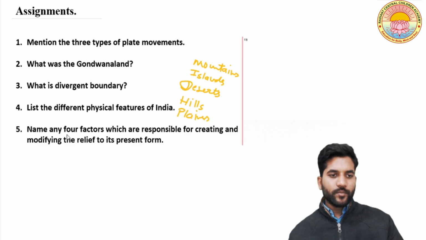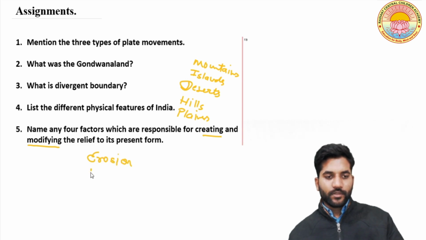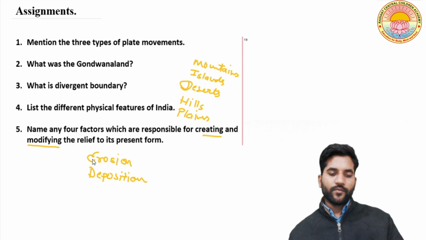The last question is, name any four factors which are responsible for creating and modifying the relief into its present form. There are many. I'm just going to name two or three of them, like erosional activity, erosion, deposition, and others which I have mentioned in the previous slide.